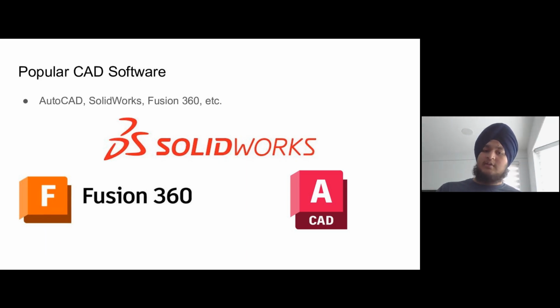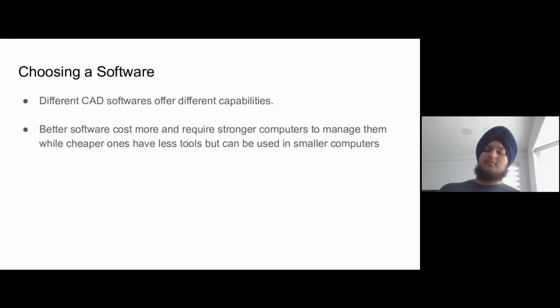keep in mind that they're pretty expensive because each CAD software offers different capabilities. The better softwares cost more and require stronger computers to manage them, while cheaper ones have fewer tools but can be used on smaller computers. Like Fusion 360, I showed you the screenshot where there's a bunch of tools. If you use Tinkercad, which is free, there'll be fewer tools available to you, but you're able to run it on a browser.